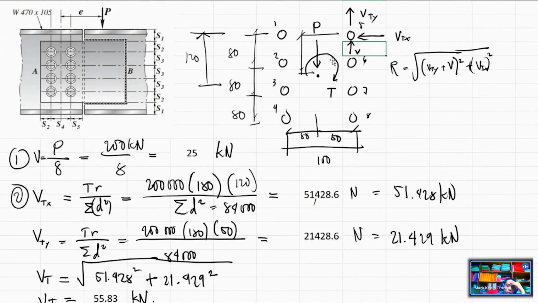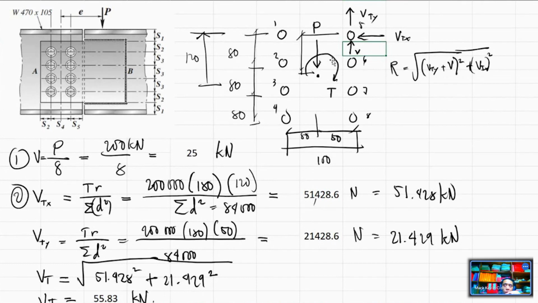Now, one thing you can look at to determine if it has the maximum stress is if it is farther from the centroid. If I remember correctly, I mentioned that the stress on the bolt is directly proportional to its distance from the centroid.